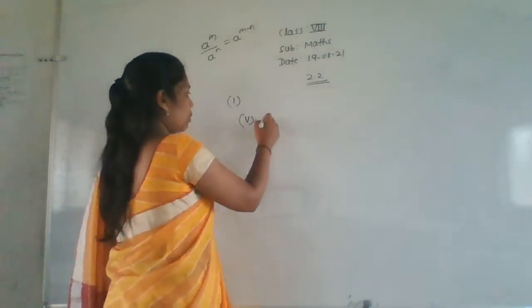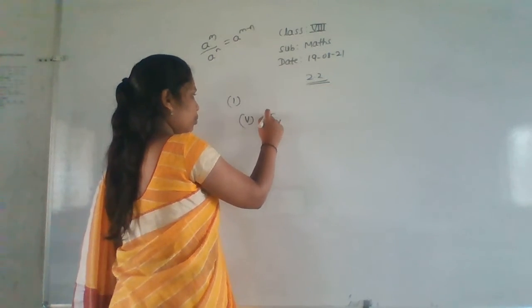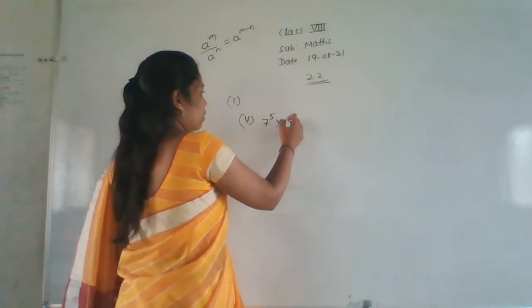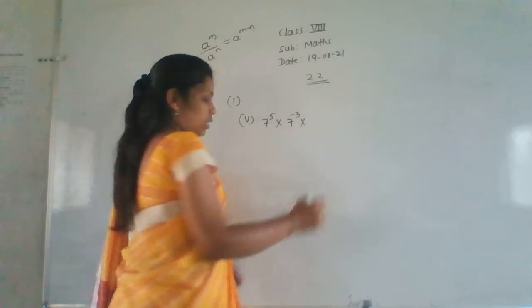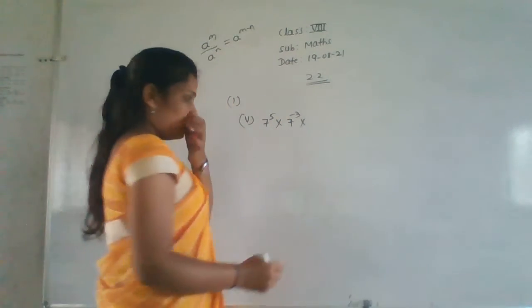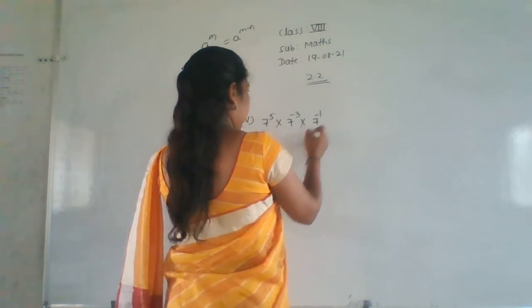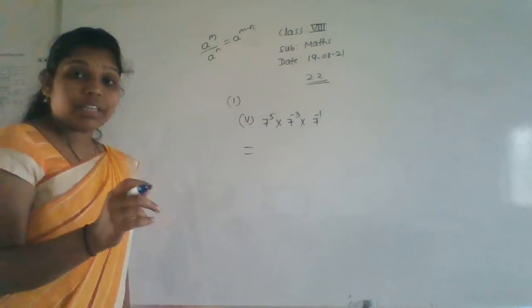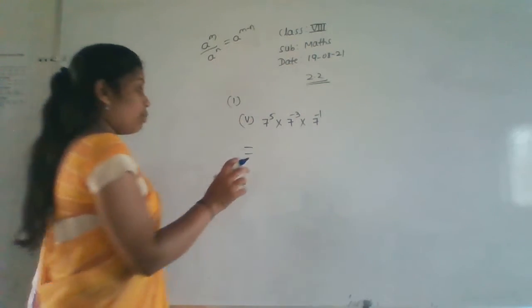That is 7 to the power 5 into 7 to the power minus 3 into 7 to the power minus 1. Whenever there is a multiplication, we need to add the powers.